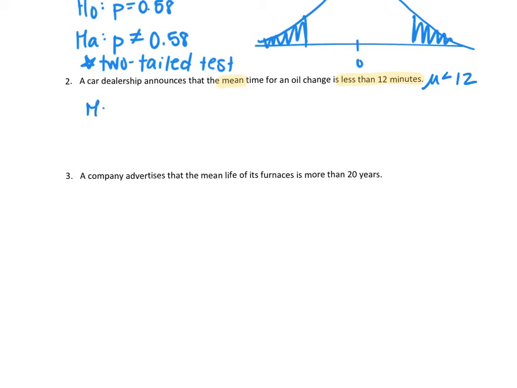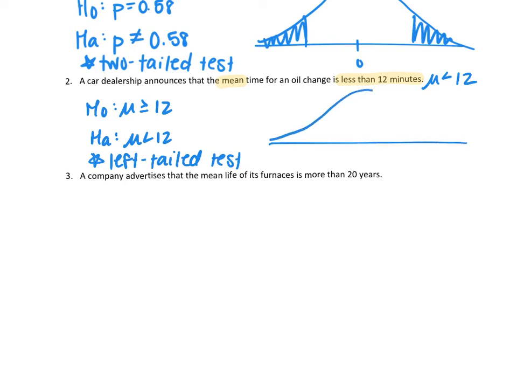So that one would actually be our alternative hypothesis, which means our null hypothesis would be mu is greater than or equal to 12. So in this one, since our alternative is mu is less than 12, that's going to be a left-tailed test. And we can draw our normal curve, and we shade in the left tail.